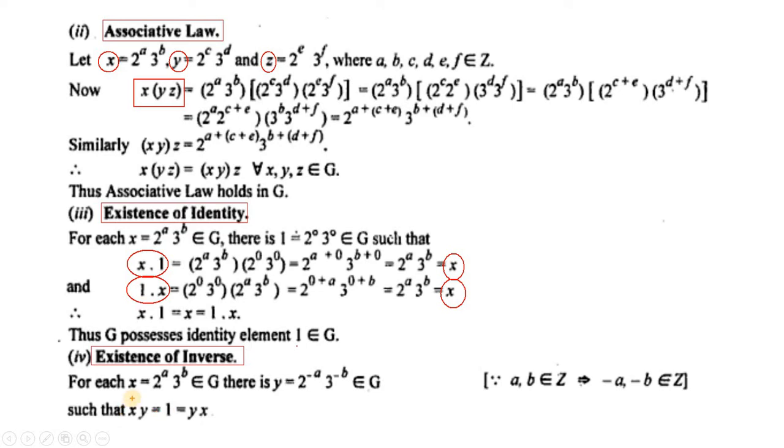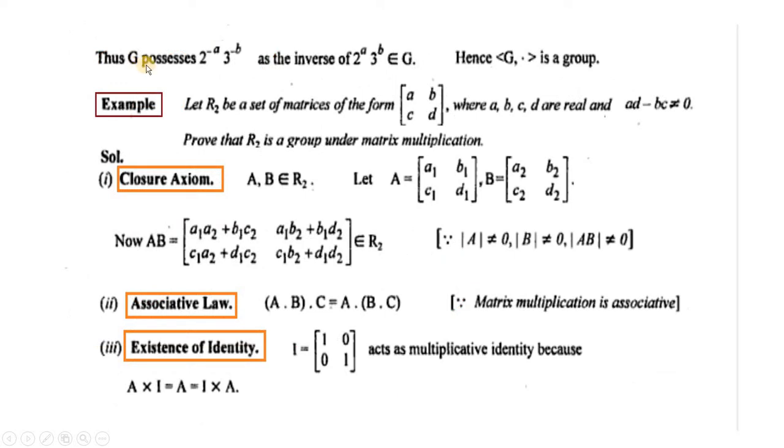It means that every element of set G has a multiplicative inverse. So the property of existence of inverse holds for set G with respect to multiplication. Thus G possesses 2 power minus a, 3 power minus b as the inverse of this in G. Hence, G together with multiplication is a group.